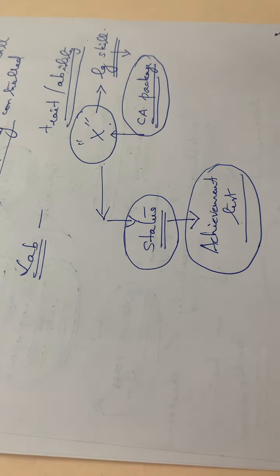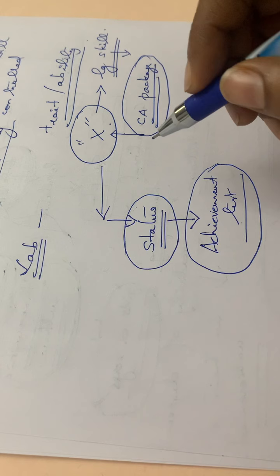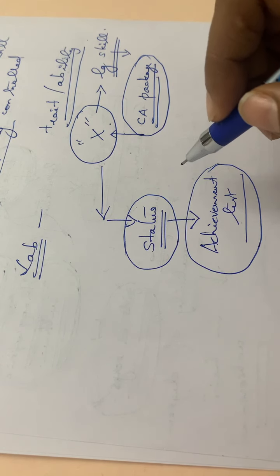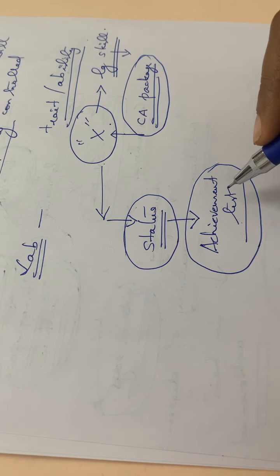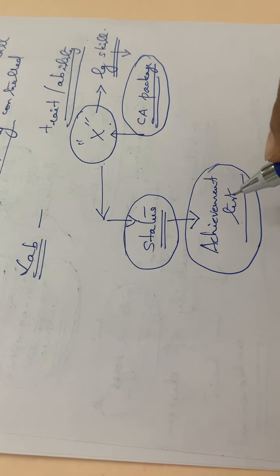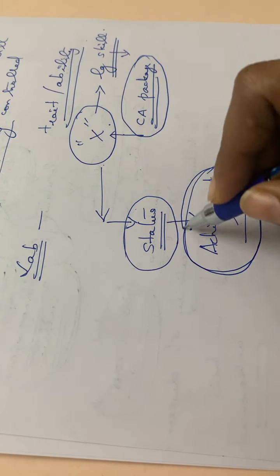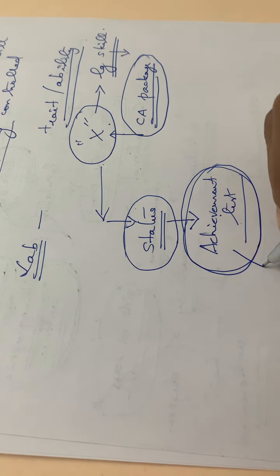Suppose I am teaching a topic, say research methodology. I want to know the previous knowledge and the status of all these students who have taken this research methodology as an add-on course. For that purpose, I will give you an achievement test, that means an objective type test, say 10 or 20 questions.